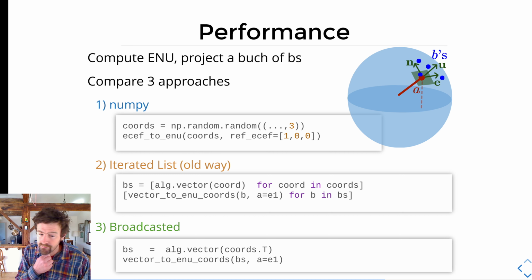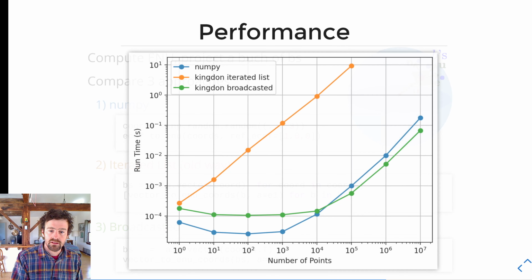So we basically take our coordinates and we generate a whole matrix of B's, and then we convert them all at once to ENU. So these just illustrate the 3 methods: the standard NumPy way, the iterated list way, and then this new kind of broadcasted approach that Kingdon allows us to do.